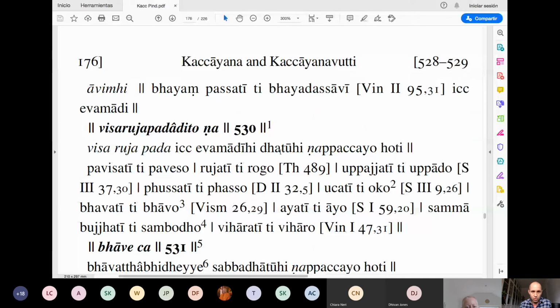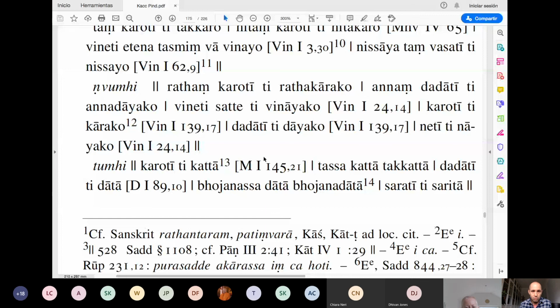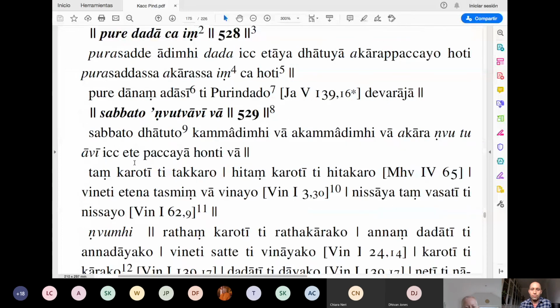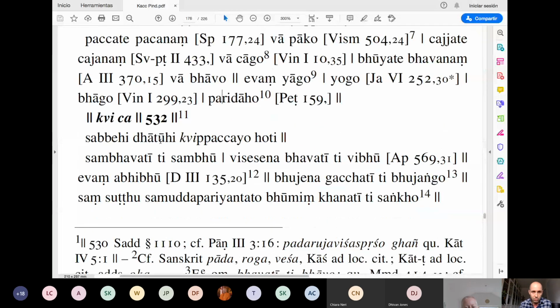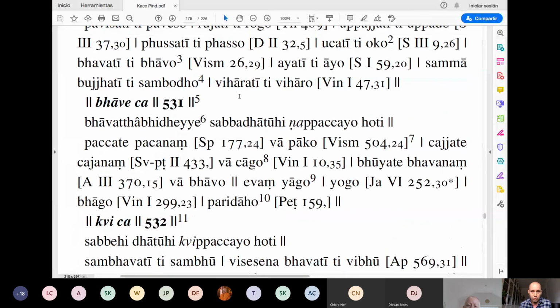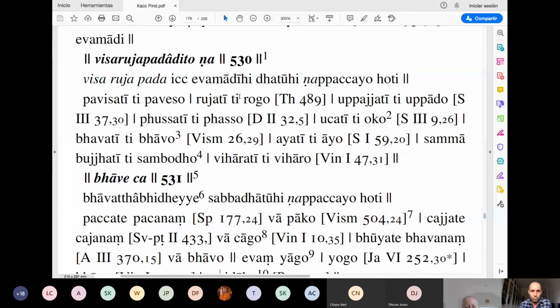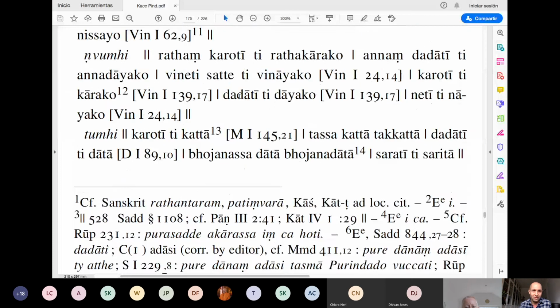Here, only certain dhatus. So I don't remember the passage, of course, by heart. Sabbato dhatuto. Sabbato appears from here. So why he says sabbehi here, that I understand could be the question, because here it's already all. Yeah, one has to look into the actual details.